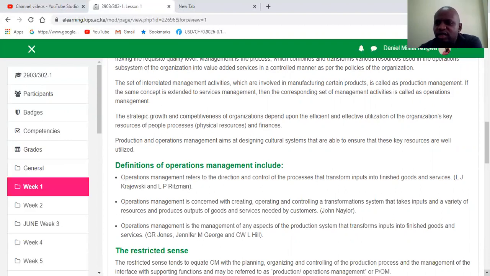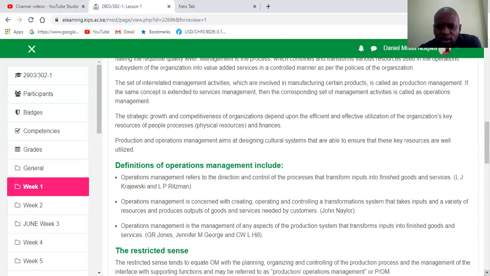Different authors have defined operations management using different definitions. The first definition, according to Risman, is that operations management refers to the direction and control of processes that transform inputs into finished goods and services.